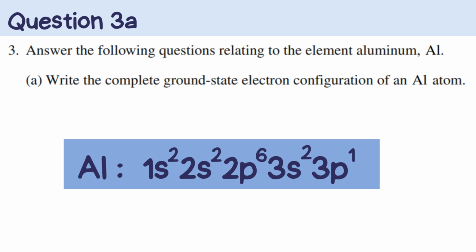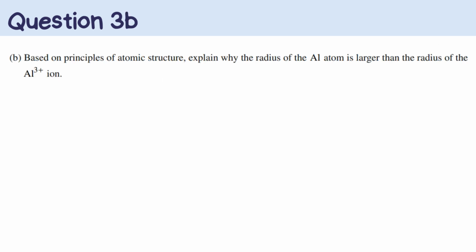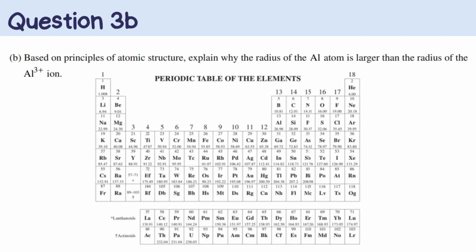Anyway, for question 3B, we're given a claim that the aluminum atom is larger than the aluminum 3 plus ion. So what does an aluminum 3 plus ion actually mean? Well, to explain this, I'm going to pop up a periodic table. Aluminum is right here, of course. And aluminum 3 plus means that it has lost 3 electrons.